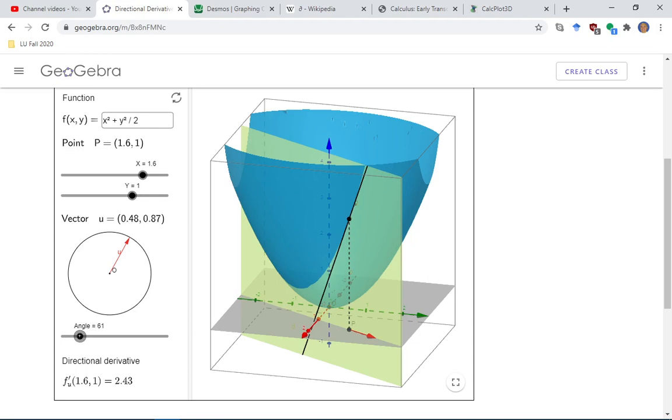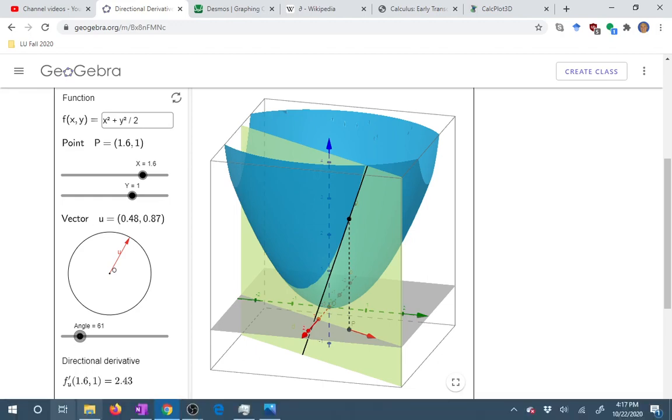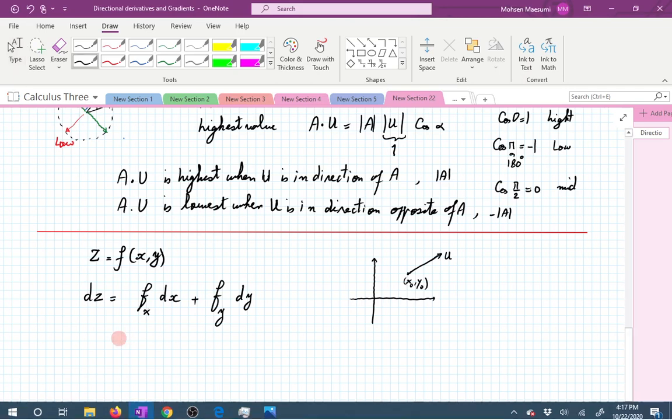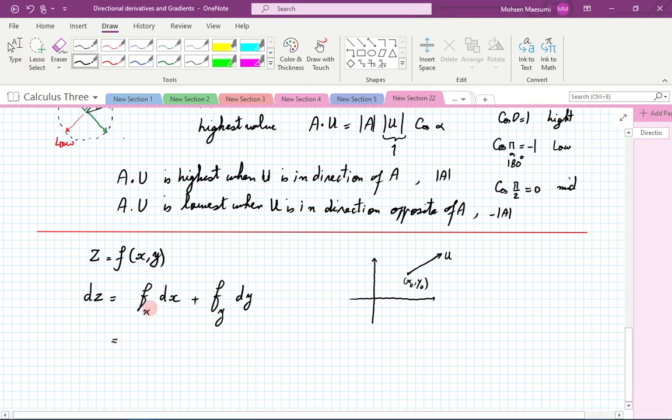How do I calculate it? I'm going to calculate dz, the change in z, in terms of how much x has changed and how much y has changed. So dx and dy translate into the change in z, and that's what we are calculating here. Now notice a very simple observation: I can write this as a dot product.